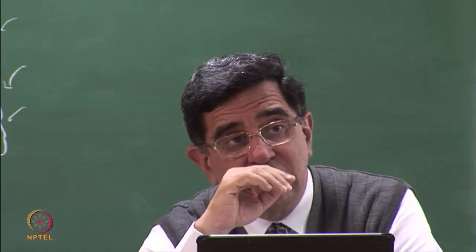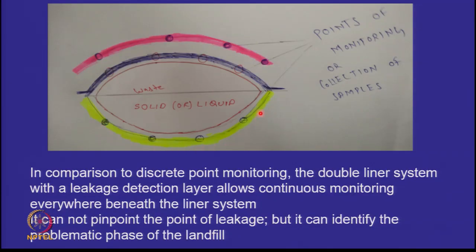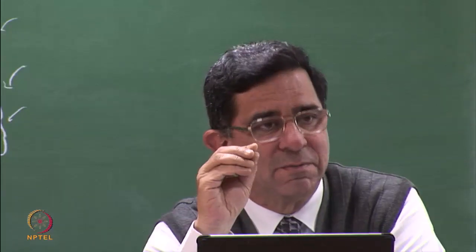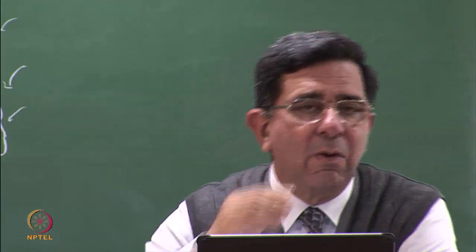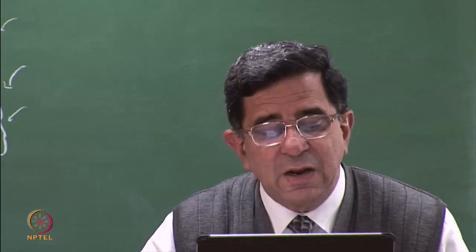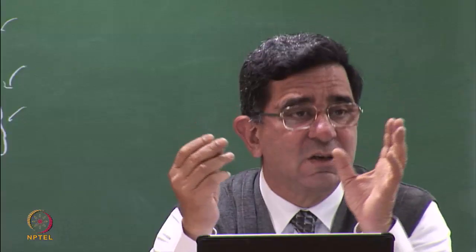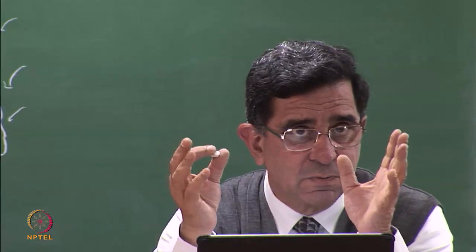But in continuous, if suppose I was to not have the double liner, but I was to have 100 samplers here installed, then I could tell you, okay, it came in this sampler, discretized sampler. But what happens is, let's go back to our landfill. The landfill has several phases in plan. Suppose you are doing 16 phases.